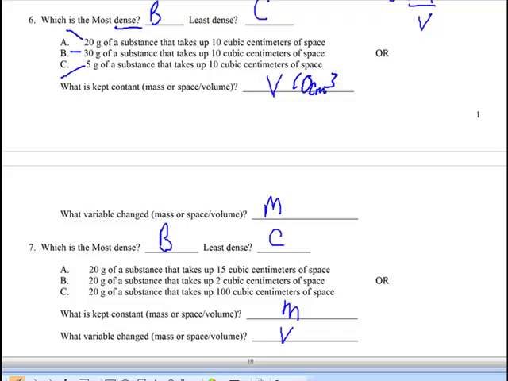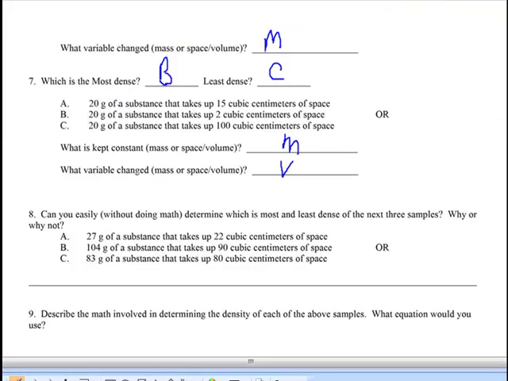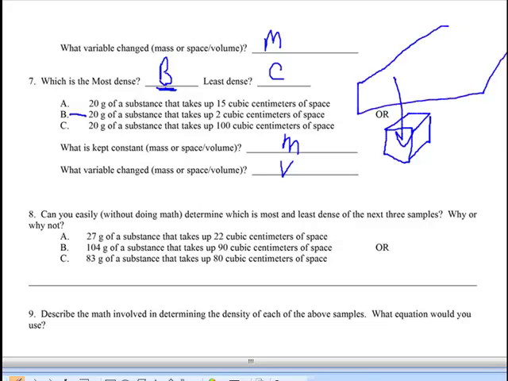Okay, so that was pretty easy to figure out which is most dense, least dense. And same thing with this one. You should have realized that 20 grams stuck in only 2 cubic centimeters, this little tiny box, is really dense, so that's going to be B as most dense, compared to 20 grams, the same amount of stuff, stuck into a huge box.